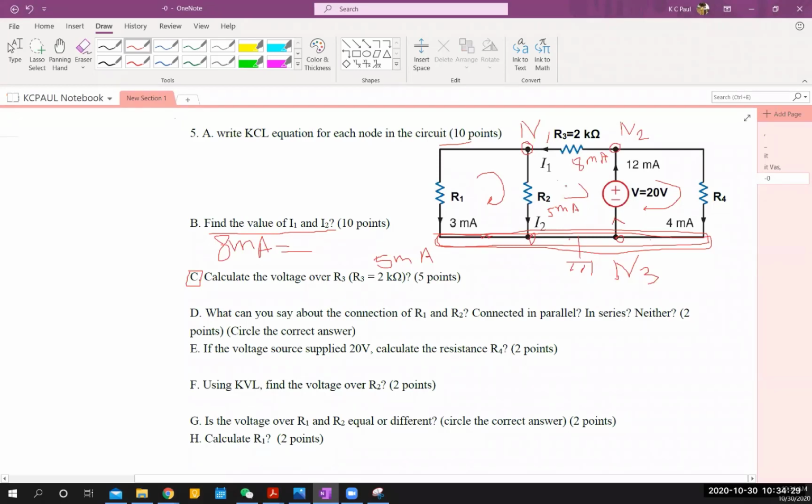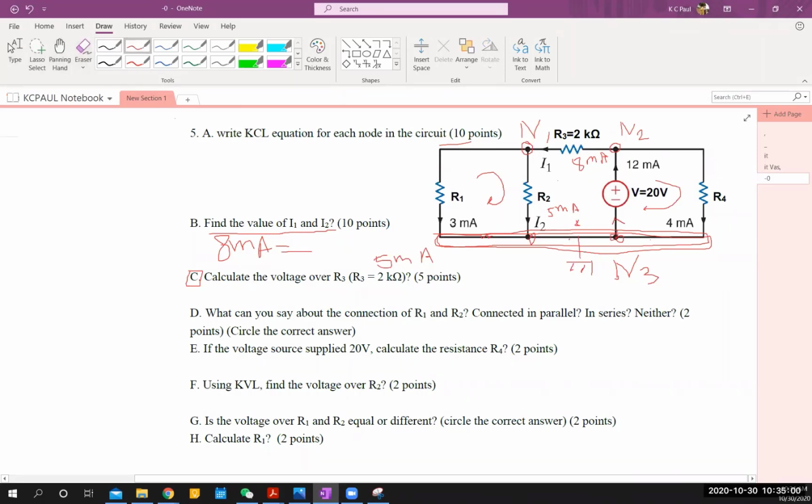Usually what you have learned so far is that you go through the elements in clockwise direction. Either way is fine. You start from one point and go to another, finishing the entire loop. It's easier for you to write down the equation in reverse way.